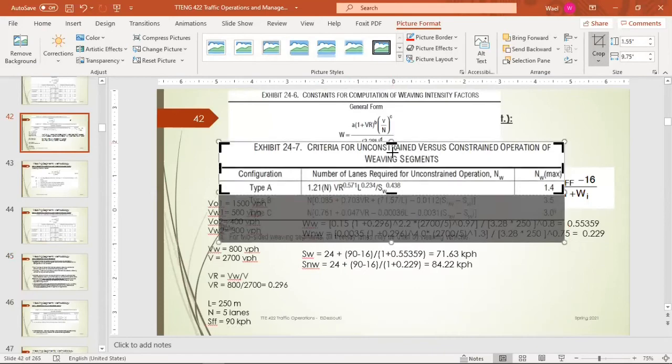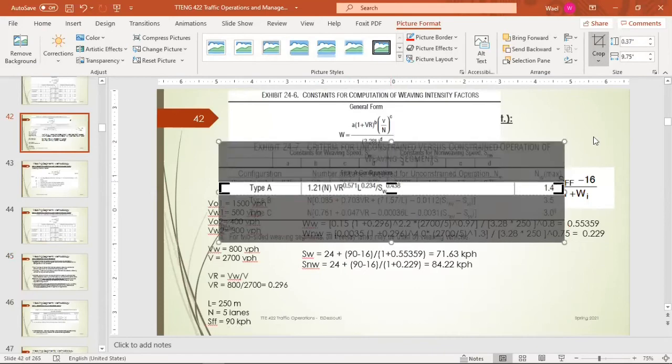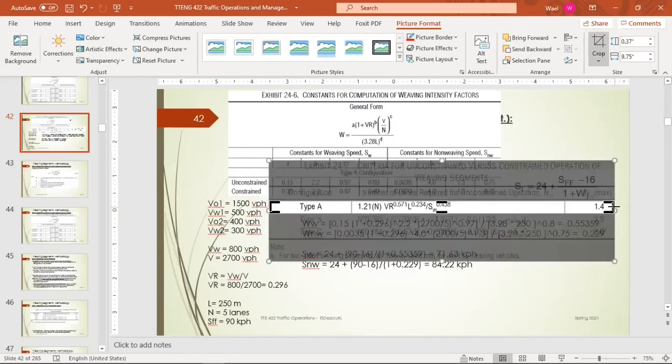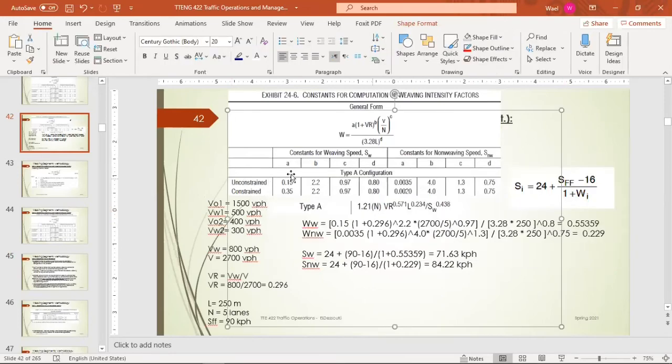Doctor, this equation. Yes. The equation you took a while ago, what is it for? Who is speaking? Sanad, Doctor. Sanad, look, we have two lines here. The first line is for unconstrained operations and the second line for constrained operations. In the methodology of the Highway Capacity Manual there is a mode of operation, constrained or unconstrained.